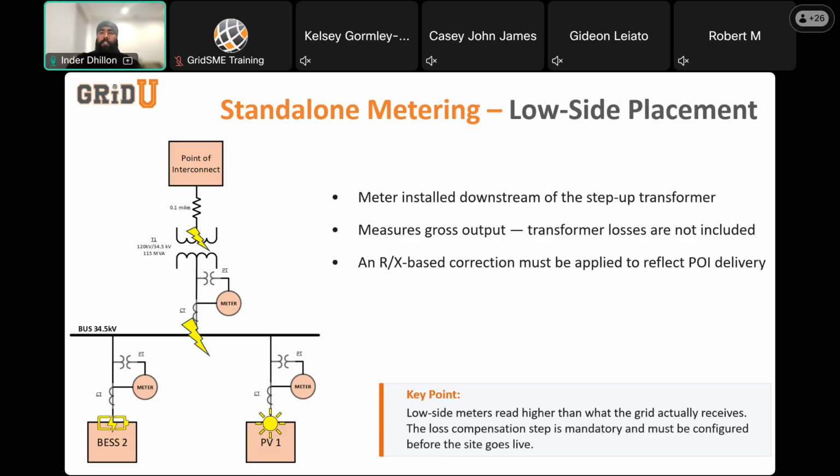This correction is mandatory. It must be configured and validated before the site goes live. So the structure of the system may look similar, but the reference point of the measurement has shifted to the low side, and that has direct implications on how losses are handled and how values are interpreted.